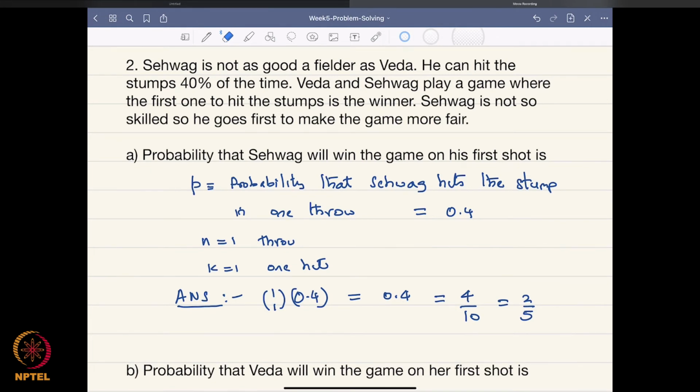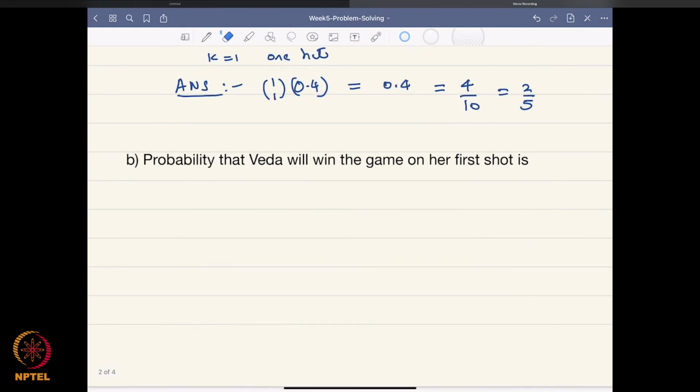The next question is the same thing. What is the probability Veda will win this in her first shot? So here you have to be a little bit careful. So here what happens is first Sehwag throws, right? And Veda will get a chance only if he does not hit the stumps.